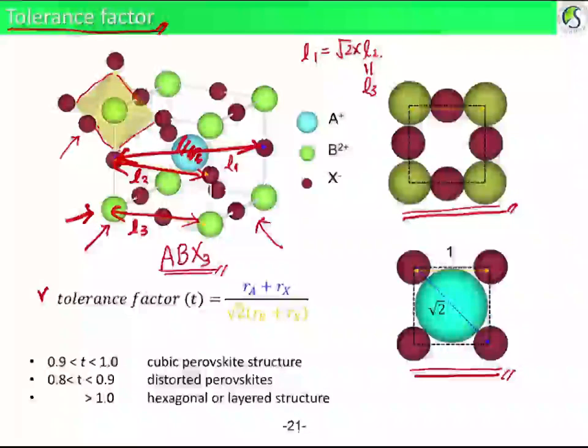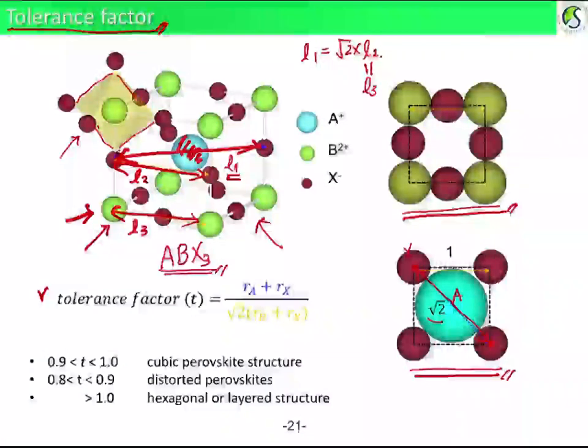So we can in fact describe the L1 by using the ionic radius of the A cation and the X anion. So the L1 should be the distance between this point and this point.